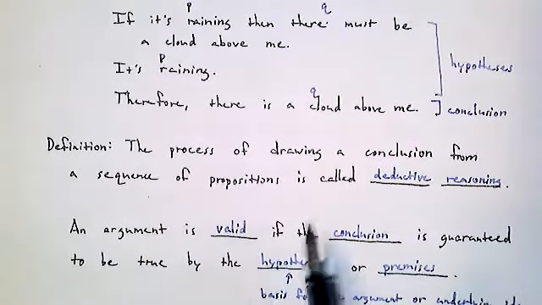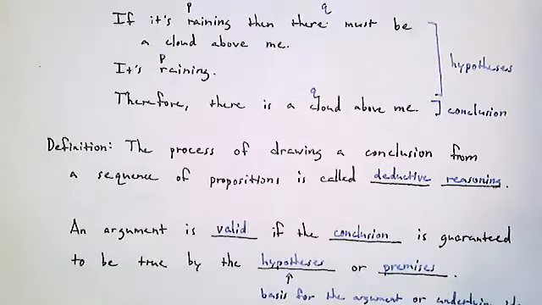So in deductive reasoning, when we're doing logical arguments, the word valid has a very specific meaning that's a little bit different from the way that it's used in everyday speech. And what it means is that the conclusion must be guaranteed to be true by the hypotheses.